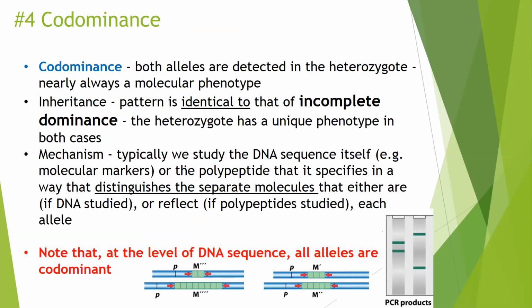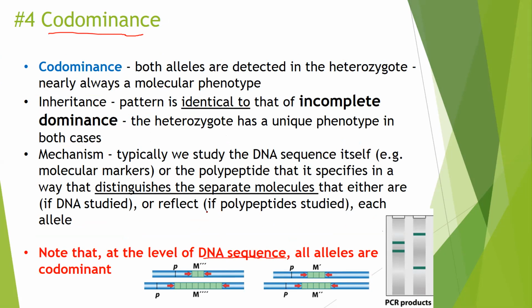All right. Now, the fourth type is codominance. This is the fourth type of relationship between multiple alleles for a single gene. We have talked about molecular markers, DNA markers, DNA sequences.